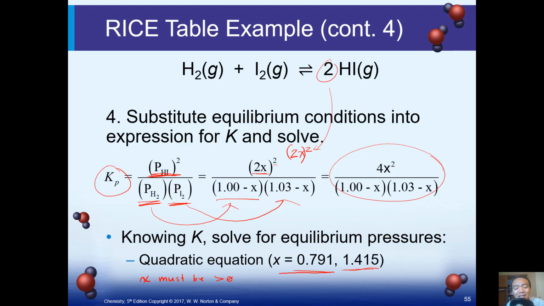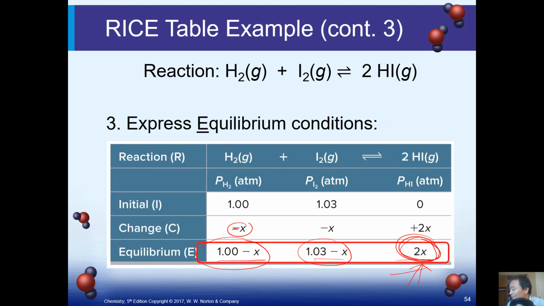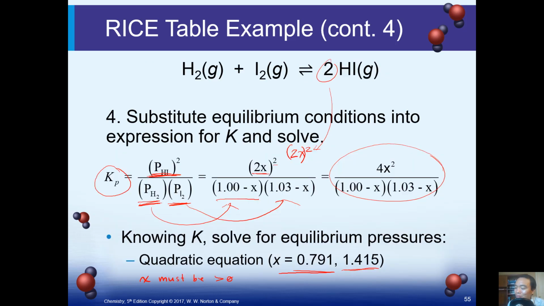Another thing when you go back: if I have an x over here, minus a certain x, you cannot consume more than you have. In other words, this x you see over here must be smaller than 1.00, smaller than the initial. Similarly, for the second one, it must be smaller than the initial. So x must be smaller than 1.00 for the first, and for the second one, x must be smaller than 1.03. So when you have two solutions, this one is correct.